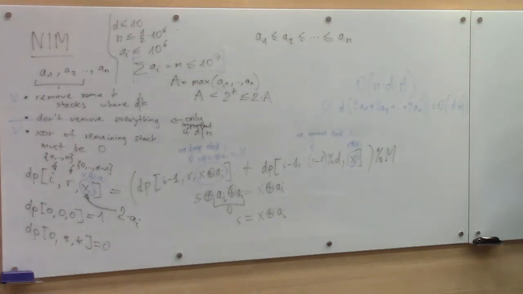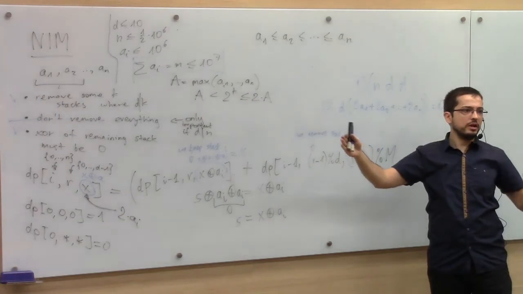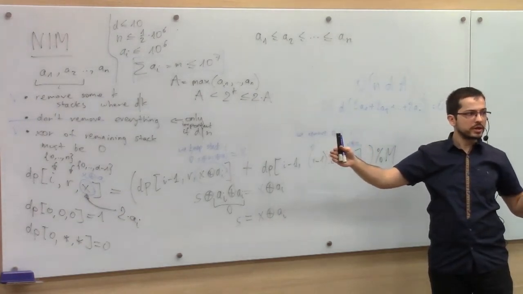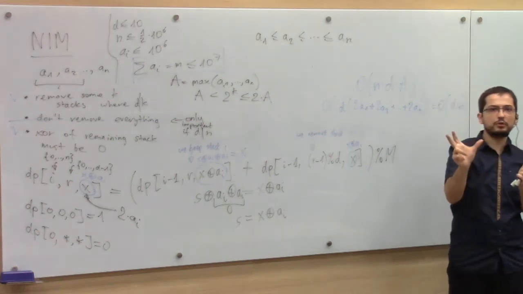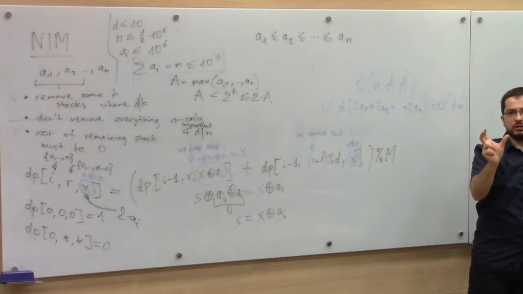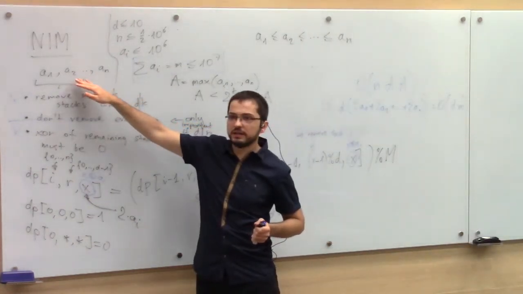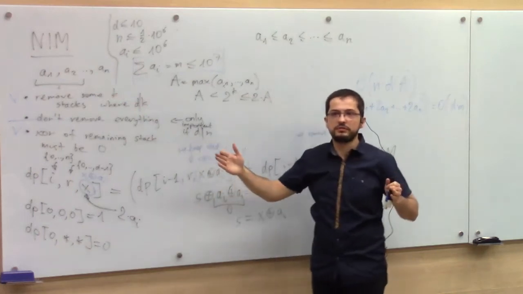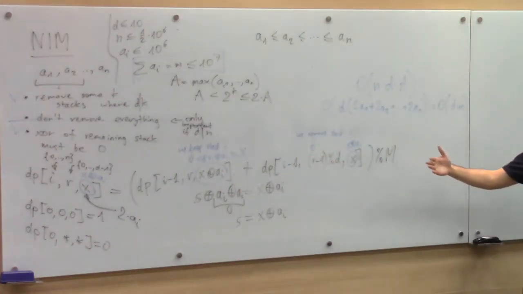Okay, so basically every next row of the dynamic programming will be bigger, but every row will be of size approximately the size of the stack, and the sum of the sizes of the stacks is limited. So actually the sum of the rows in our dynamic programming is also limited by n.